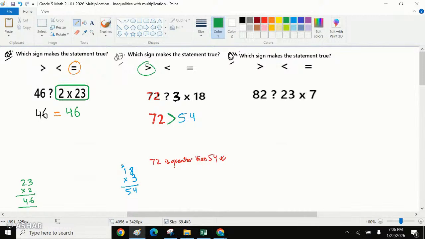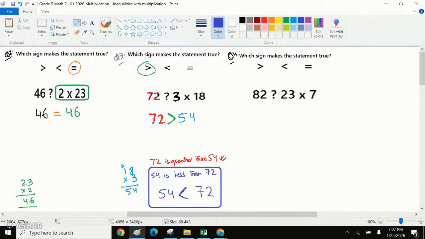Okay, so we can say 72 is greater than 54, or we can also say 54 is less than 72. If we want to write this statement, we write 54 is less than 72, because the closed end is always towards the smaller number.